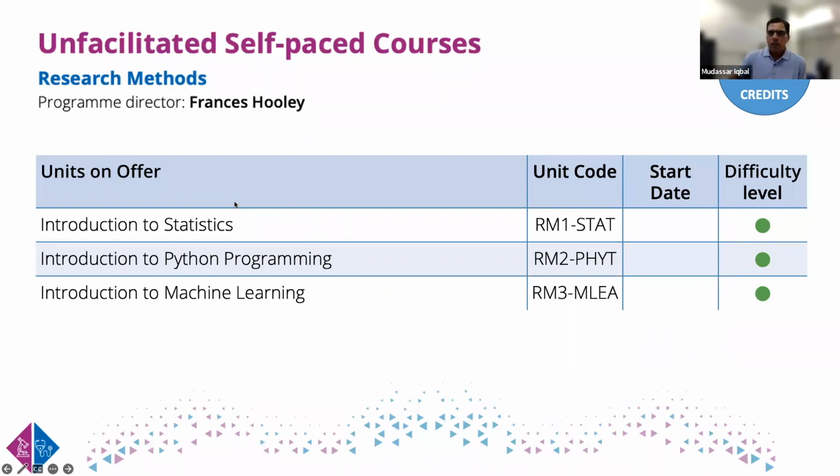Besides the courses we have discussed, which are all postgraduate MSc or PG Cert courses, we have included 5-credit self-led introductory research methods units in basic statistics, programming, which is again Python programming, and machine learning. Please note that these are self-led and very introductory, and it depends what you're looking for.